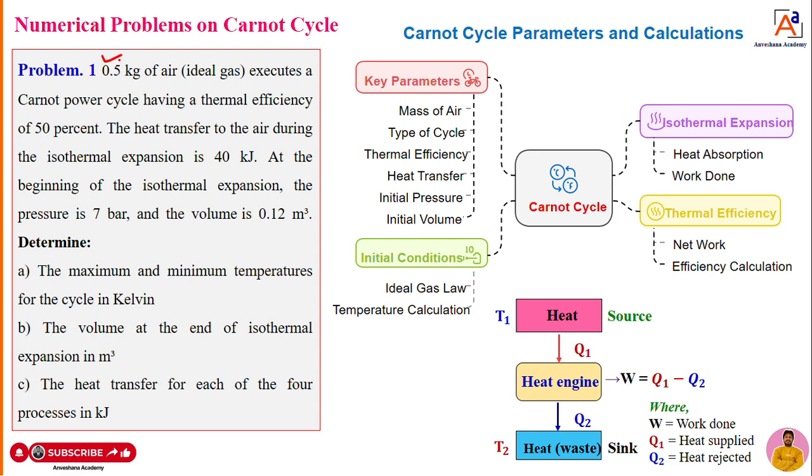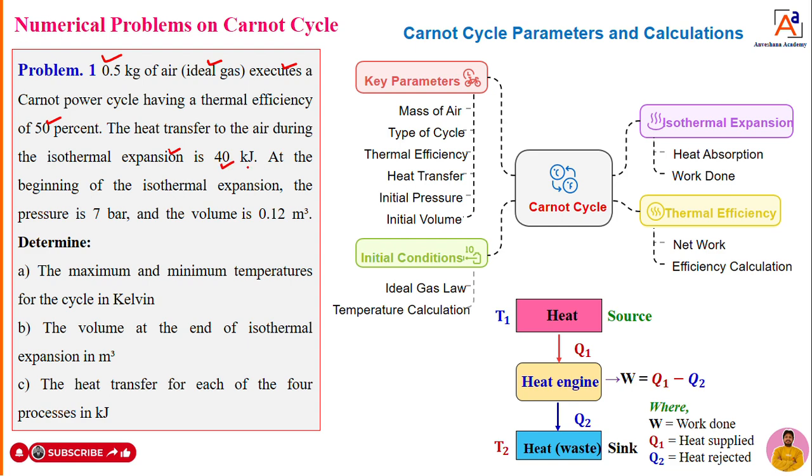Problem number 1. 0.5 kg of air, an ideal gas, executes a Carnot power cycle having a thermal efficiency of 50%. The heat transfer to the air during isothermal expansion is 40 kilojoules.